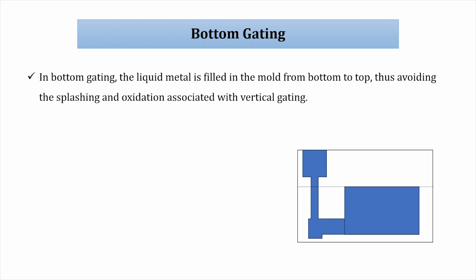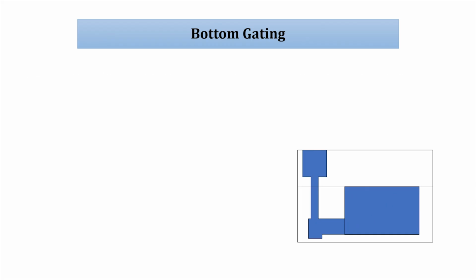vertical gating. So, let us assume this is the pouring basin, height HB, this is the sprue, HS, and that total height we call HT, where HT equals HB plus HS. We are assuming point 1, point 2, and point 3 at the boundary of the ingate and casting.